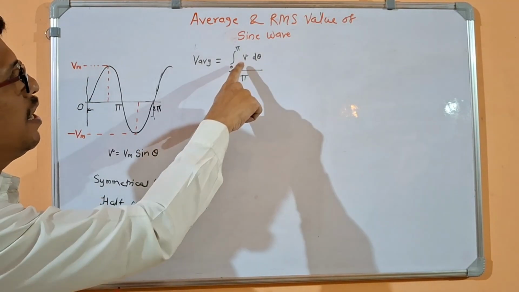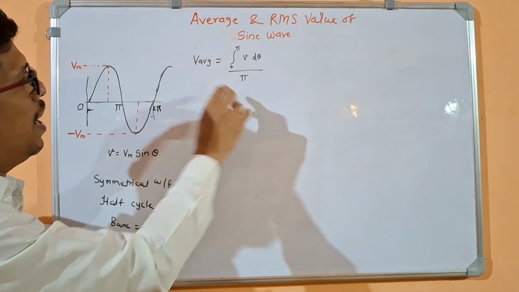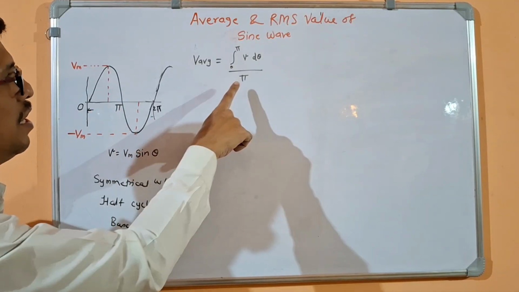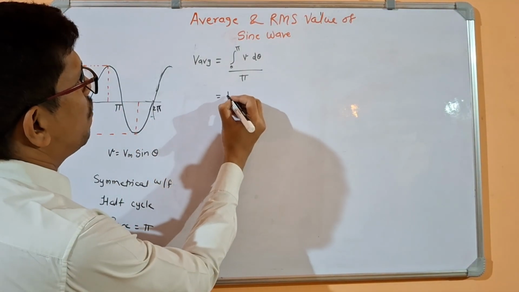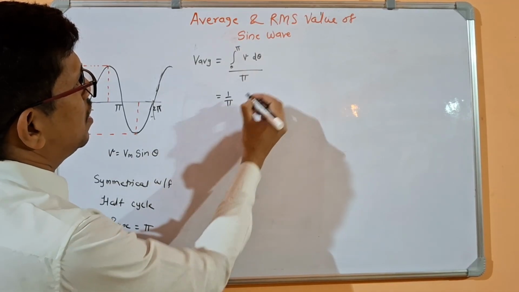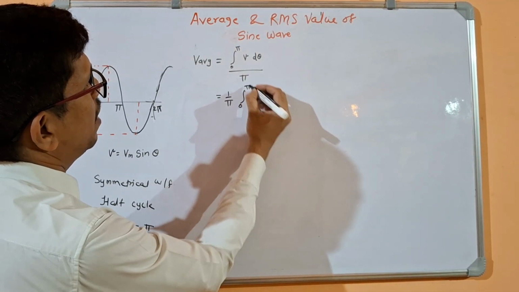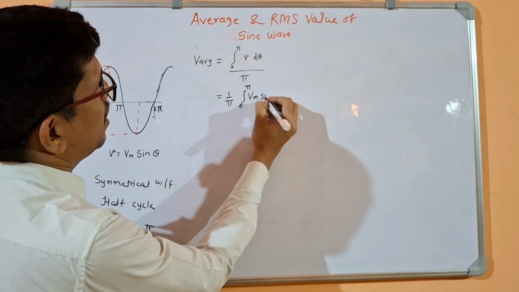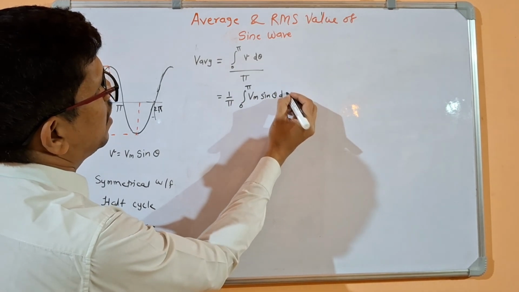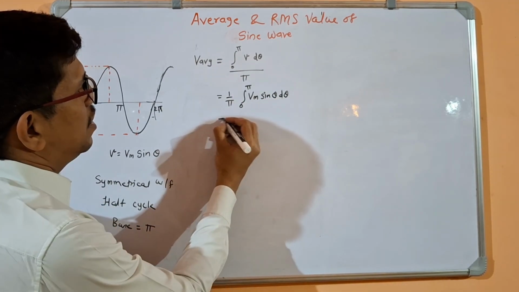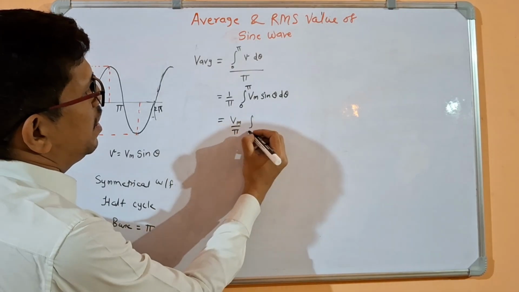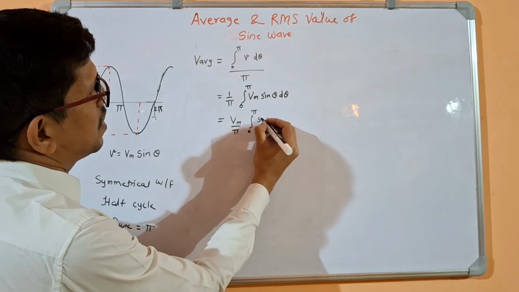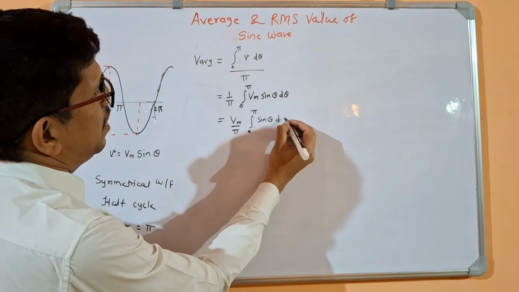We are considering half cycle. Therefore we take the constant 1 by pi out: 1 by pi integral from 0 to pi of Vm sine theta d theta, and this gives Vm by pi times the integration of sine theta d theta.